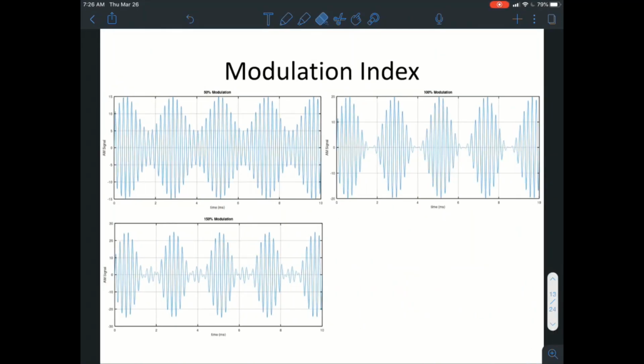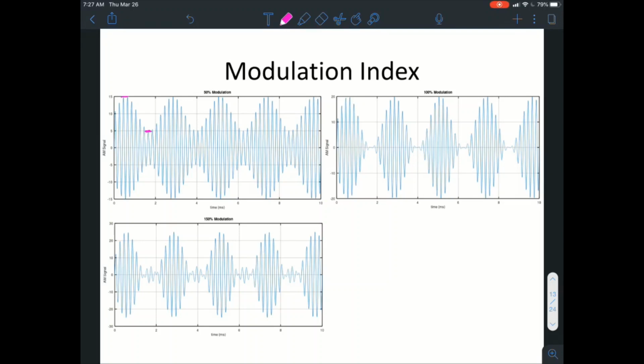So on this slide we see multiple different modulation indices, and when we're looking at these, I want you to pay attention to the axes and see how far apart your maximums and minimums are inside of your different modulation schemes. For example, on this one, it ranges from 15 down to 5. So that's only a 10 unit spread between maximum and minimum.